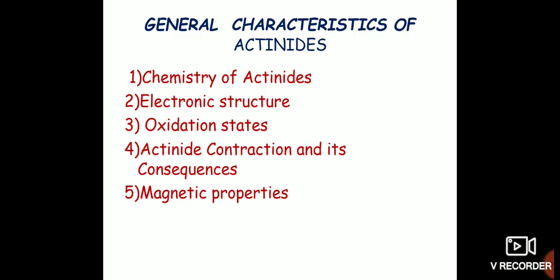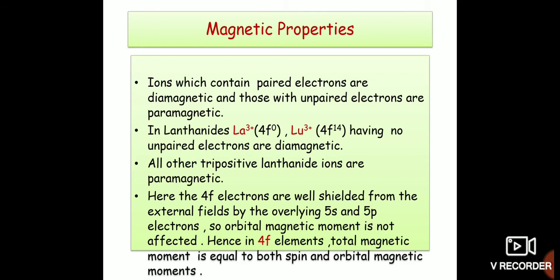So mu is the magnetic moment, calculated from mu L and mu S. Mu L is the orbital magnetic moment and mu S is the spin magnetic moment. Because the 4f electrons lie inside the outermost orbitals, 5s and 5p shield the 4f orbital from the outermost atmosphere, so the orbital magnetic moment cannot be quenched, just as in the case of d block elements.